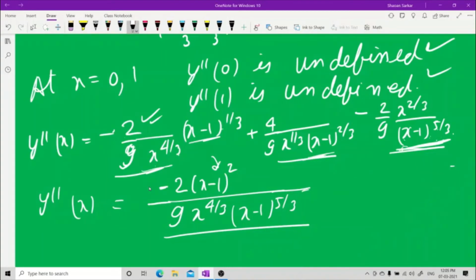Now you have plus 4. Now take plus 4. Now in this you have 1 by 3 already. You need, so this is x 1 by 3 and x 2 by 3.